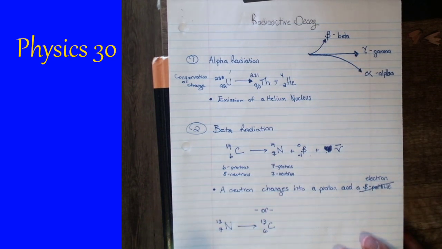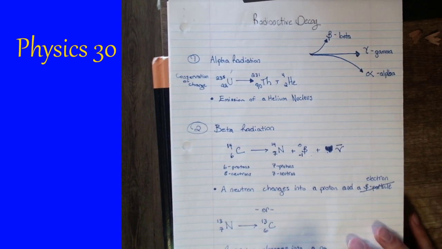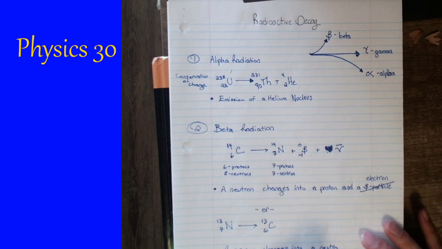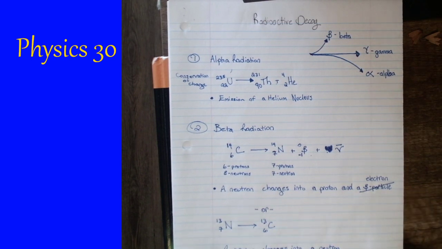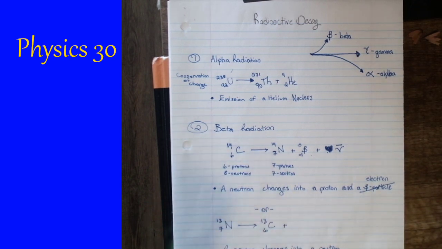So what we think happens here is a proton changes into a neutron. Okay, so that kind of makes up for most of the conservation of mass, but we do not have conservation of charge.